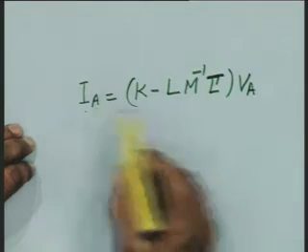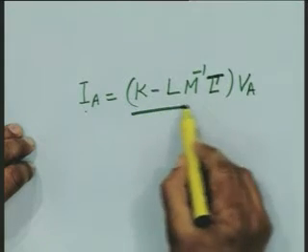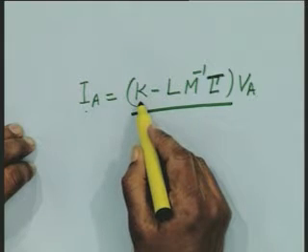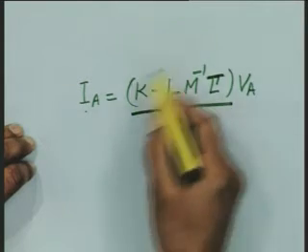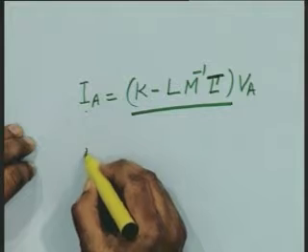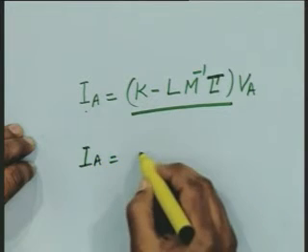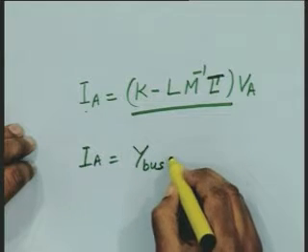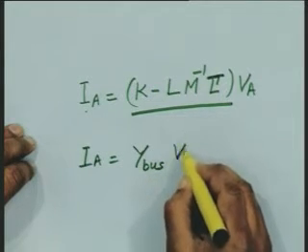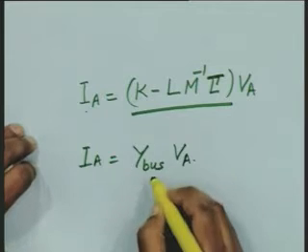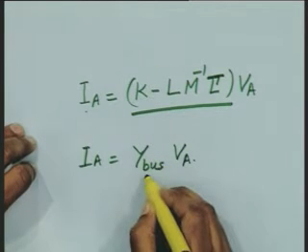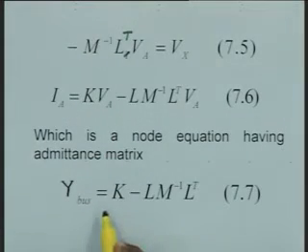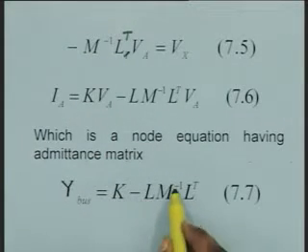Here Ia and Va have the same dimensions, and this is going to be a square matrix with the same dimensions as that of K. Therefore, now I can say that my model becomes Ia equal to Y bus reduced into Va. This reduced Y bus can be written in the form K minus L M inverse L transpose.